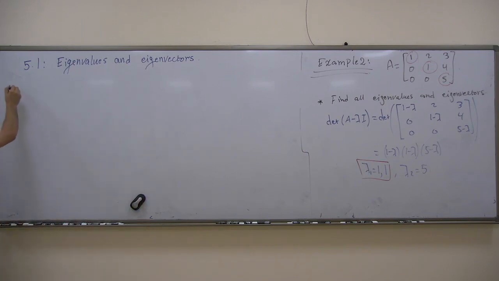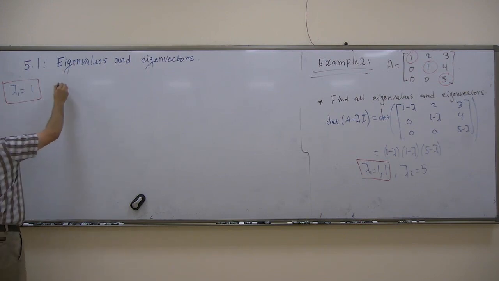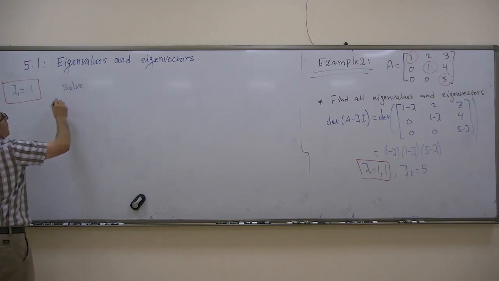So we take lambda 1 equals 1. And what do we do? We solve this homogeneous system.